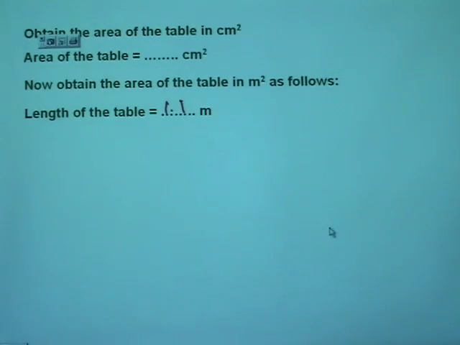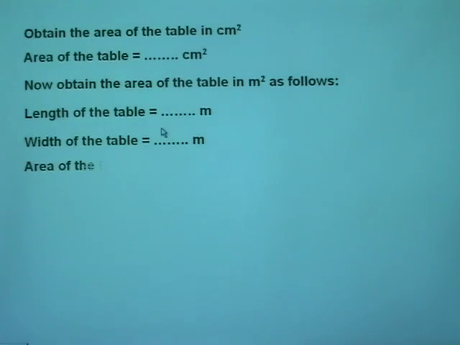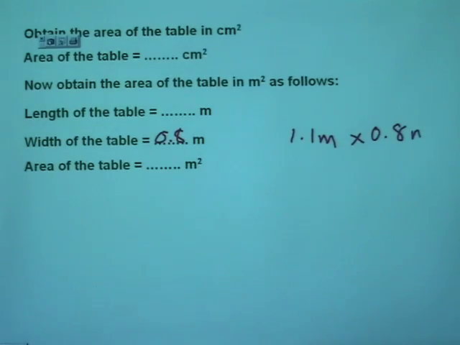And what is the width of my table? The width of my table was 80 centimeter. That is 0.8 meter. Therefore, what is the area? The area is 1.1 meter multiplied by 0.8 meter. And what is that equal to? You know how to multiply decimal numbers.